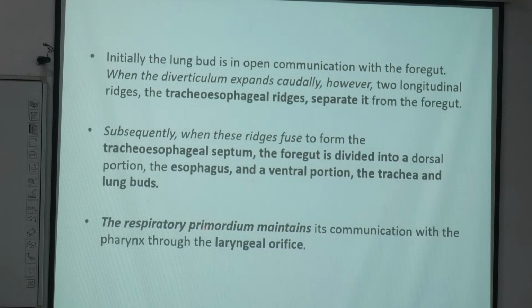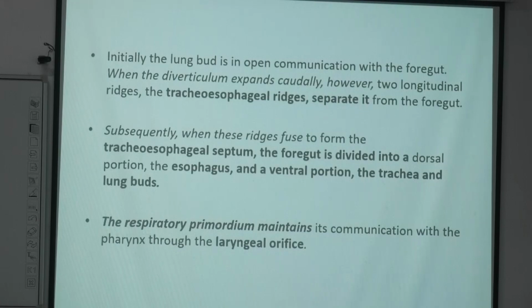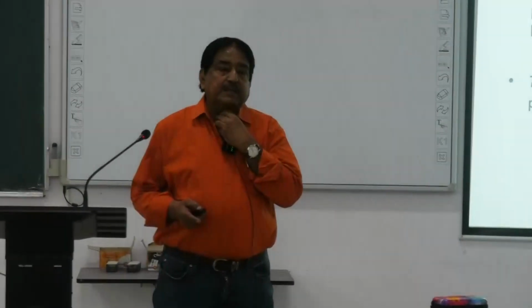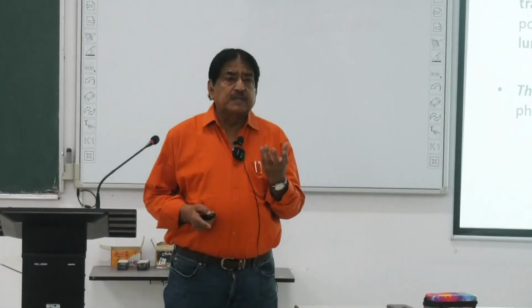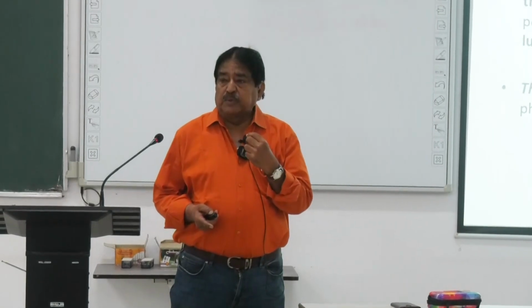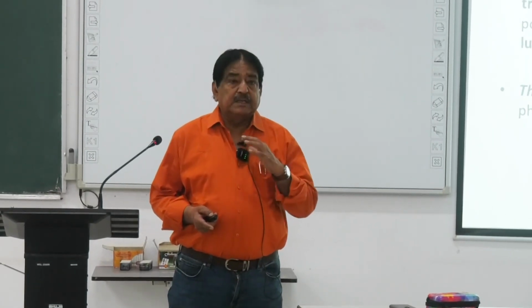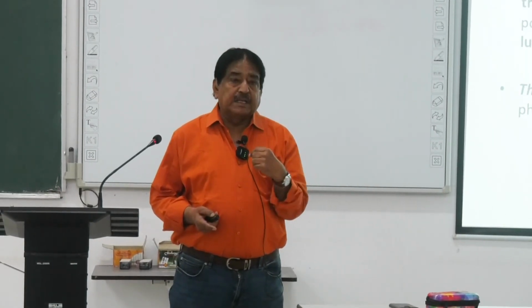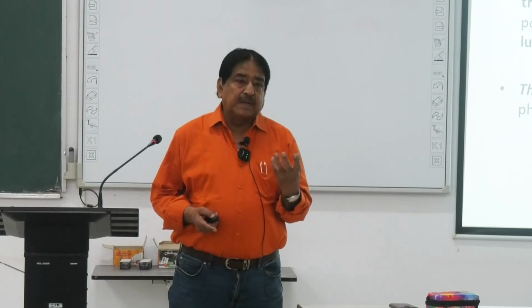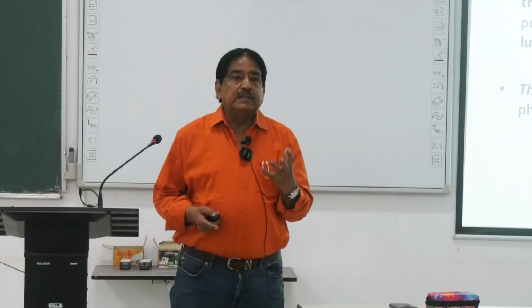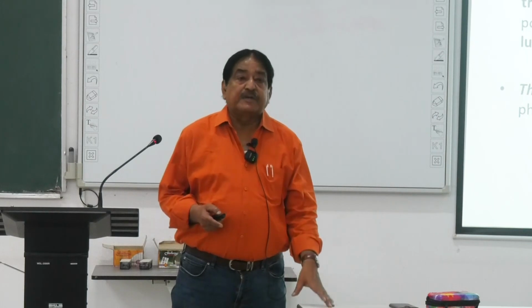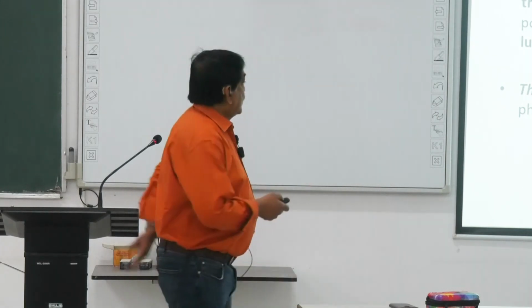The respiratory primordium maintains the communication with the pharynx through the laryngeal orifice. That's why you can see the larynx, pharynx, and esophagus. When you swallow some food, in case it enters the larynx, then you have respiratory distress. Okay.